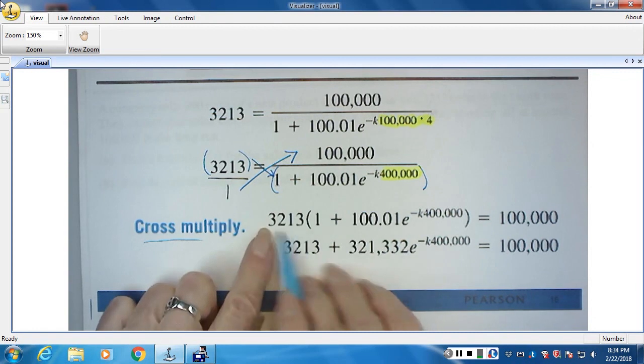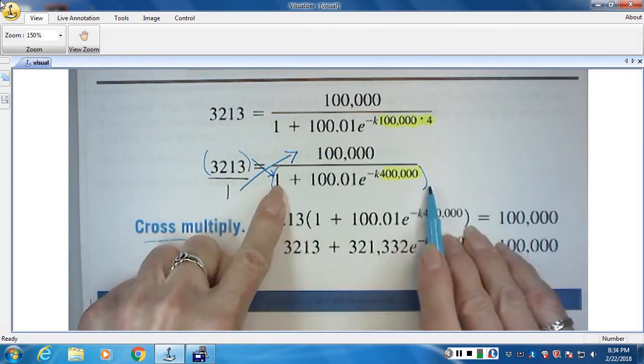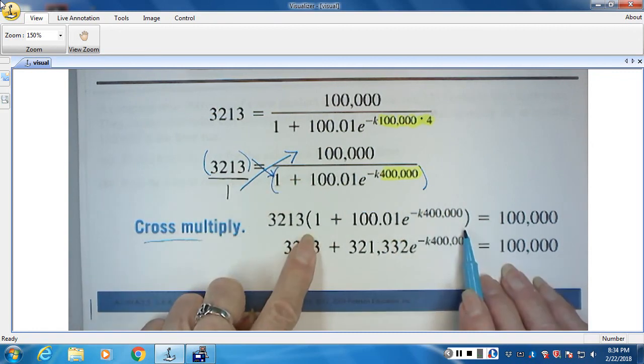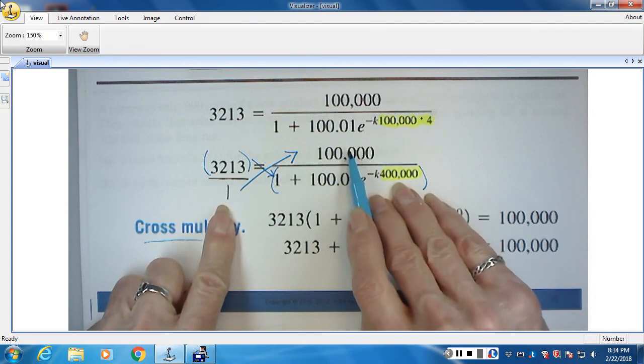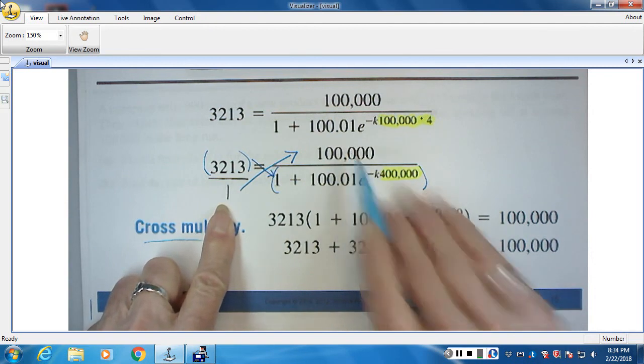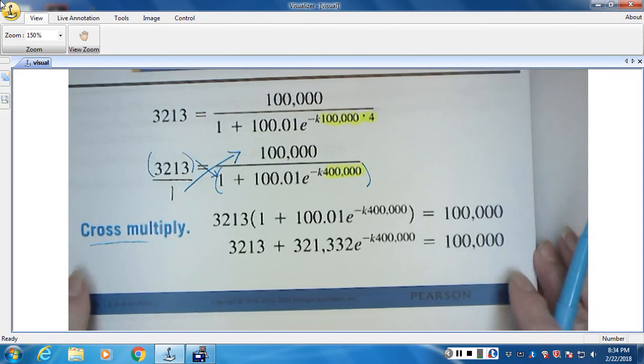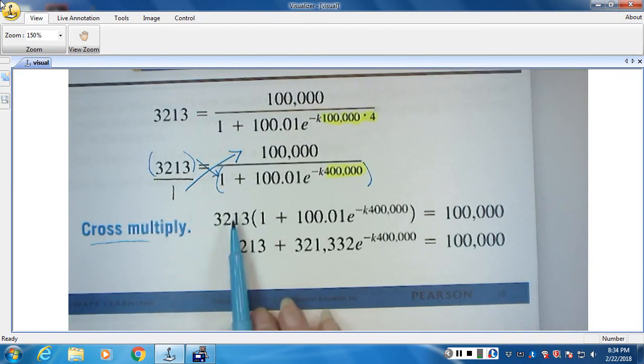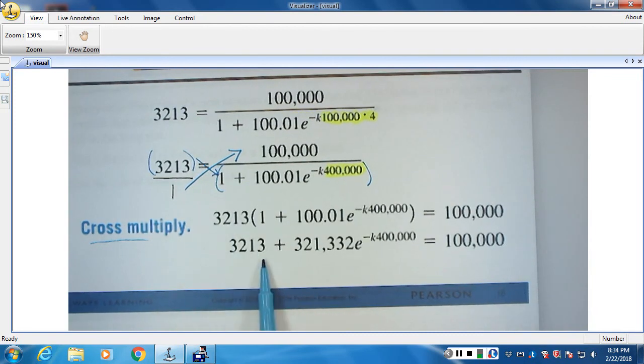So 3213 times the denominator is equal to 1 times the numerator. Then we're going to multiply out. 3213 times 1 is 3213.